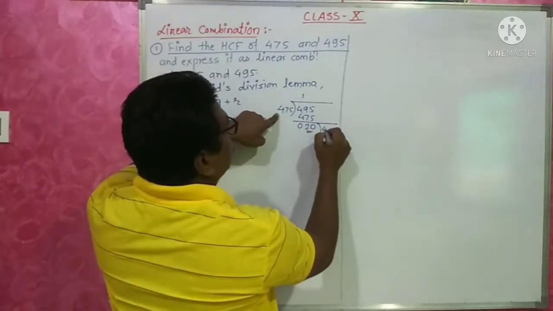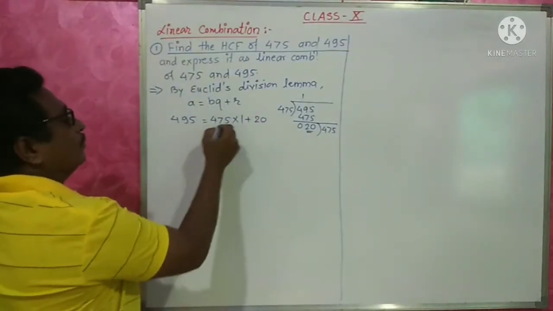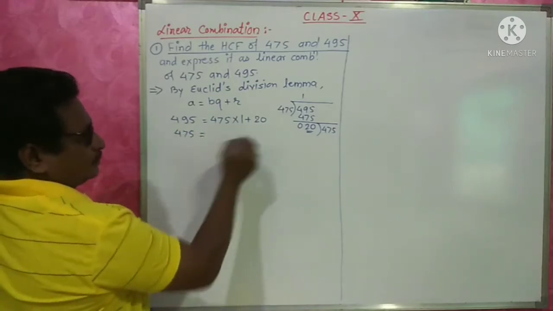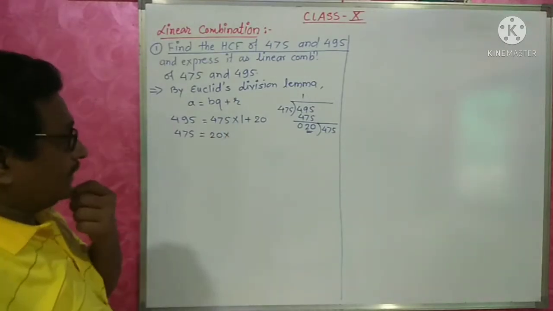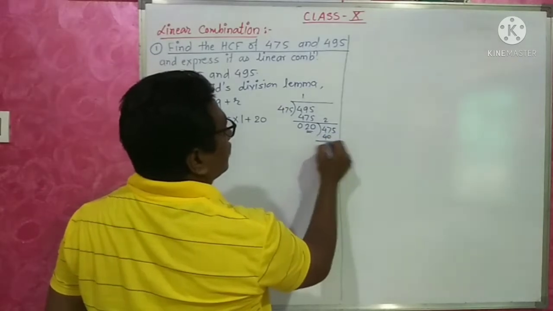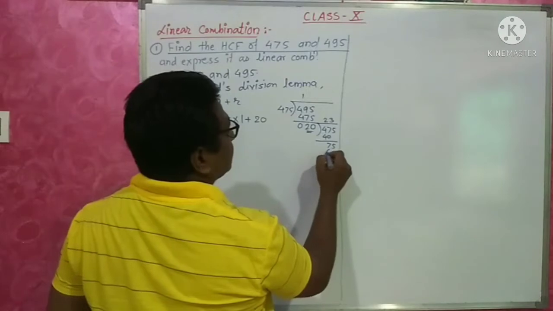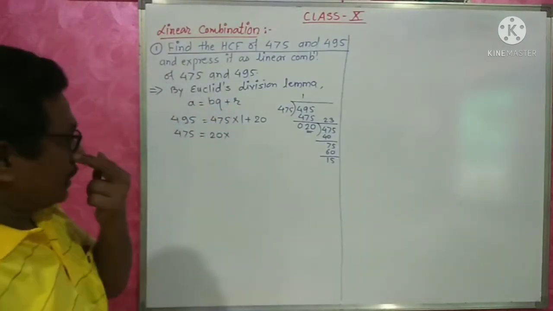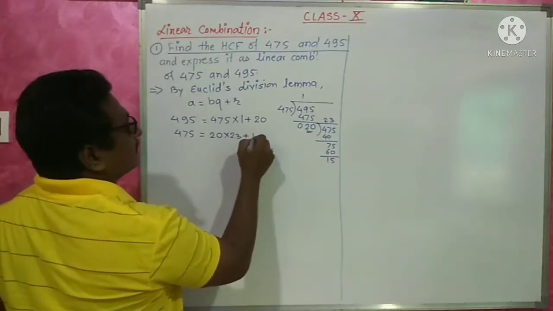So what will we get? 475 equals 20 into 23 plus 15.